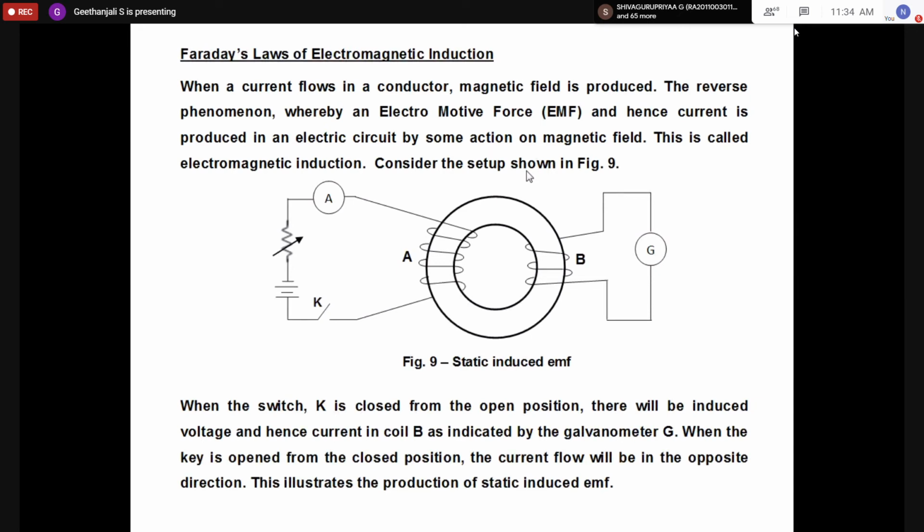So these are all the main parts for the statically induced EMF. There are two types of induced EMF, statically induced EMF and dynamically induced EMF. First we will discuss statically induced EMF. Go through the slide.